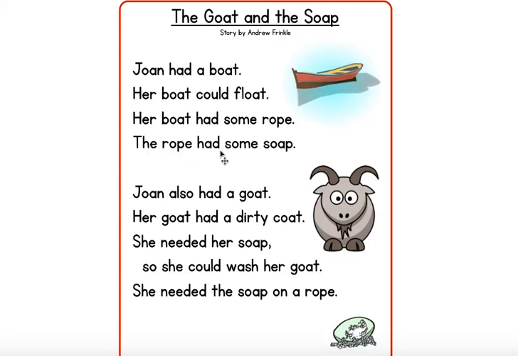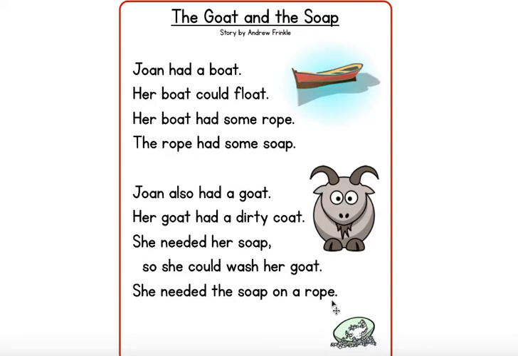The rope had some soap. Joan also had a goat. Her goat had a dirty coat. She needed her soap so she could wash her goat. She needed the soap on a rope.